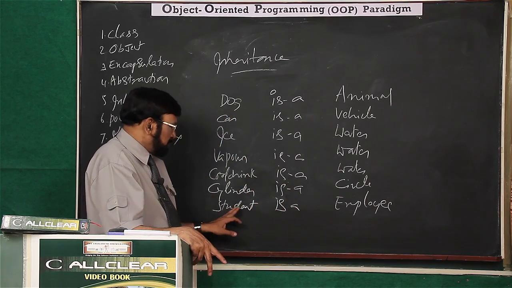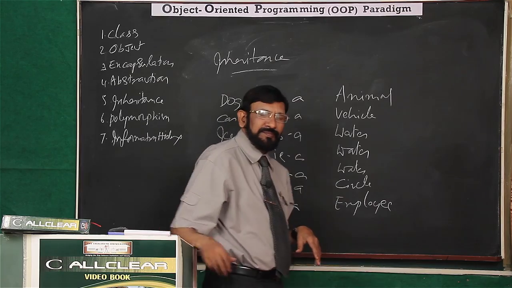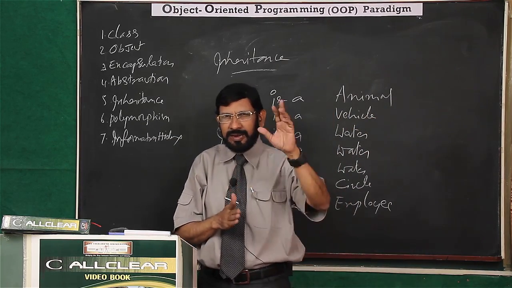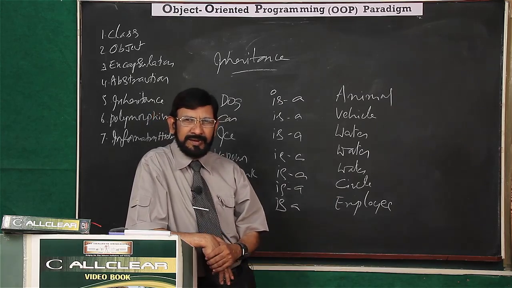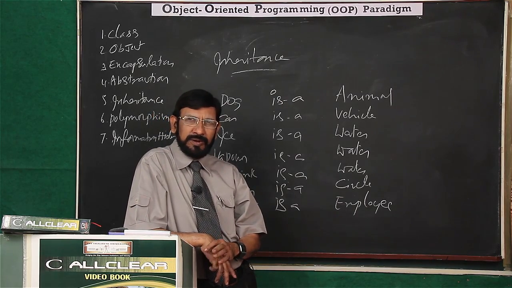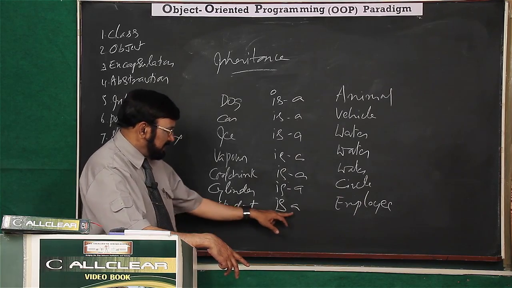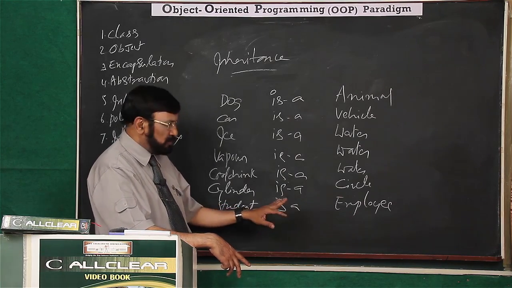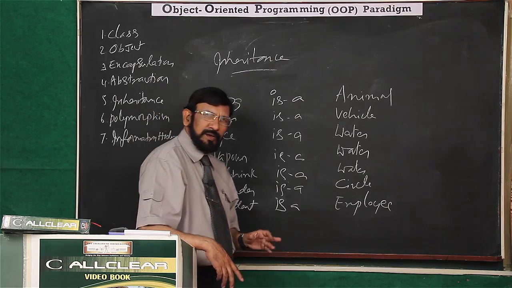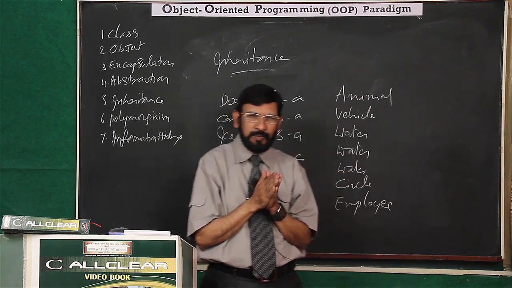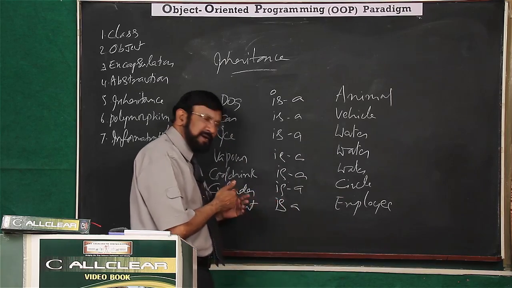Next, student is a type of employee. Actually, if you take student and employee, certain common data is there, like name, age, roll number, etc. But you should not do inheritance here, because only a few data items are common, but the nature of employee is different and student is different.